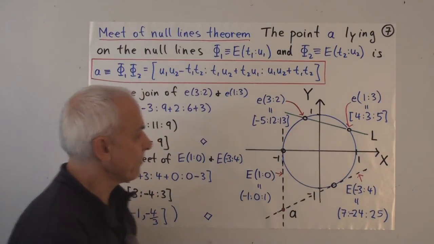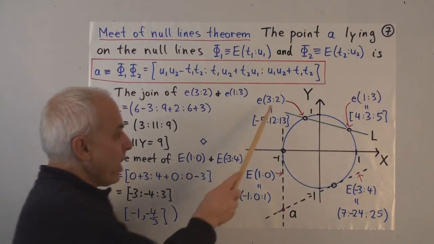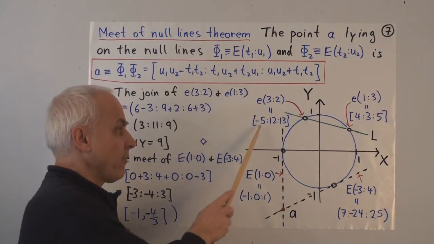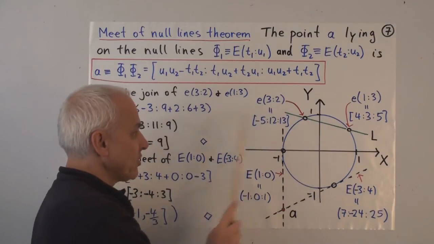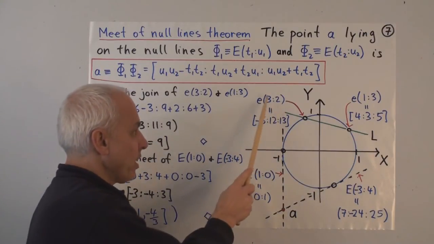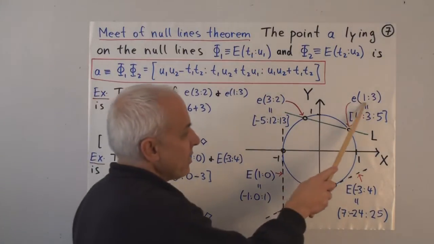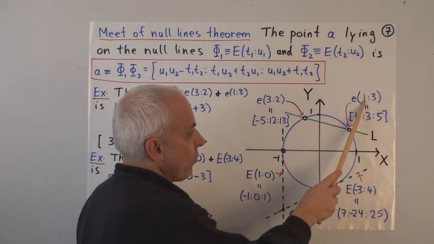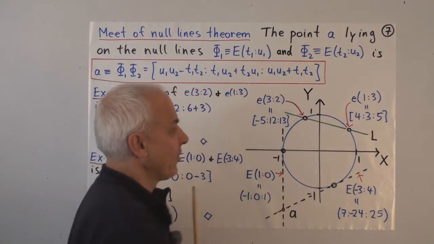And what are these points? Well, how do you find E of 3, 2? Well, it's 2 squared minus 3 squared. That's minus 5, the first coordinate. Then 2 times 3 times 2, that's 12. And 2 squared plus 3 squared is 13. How about E of 1, 3? Well, 3 squared minus 1 is 8. And then twice the product is 6.